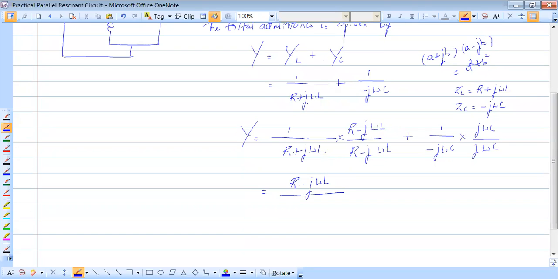Understand? So that is the condition here. So what would be the denominator here? It's R square plus omega square L square. Now see here, in this particular term, the J term is in the numerator. In the denominator, we have eliminated the J term. Now what would happen here?